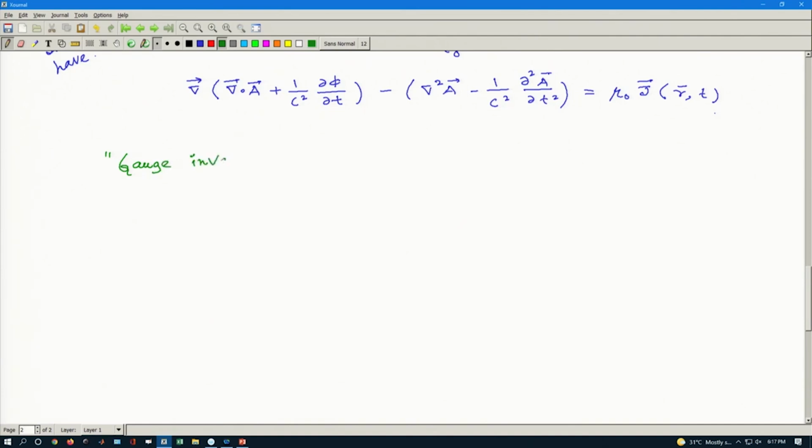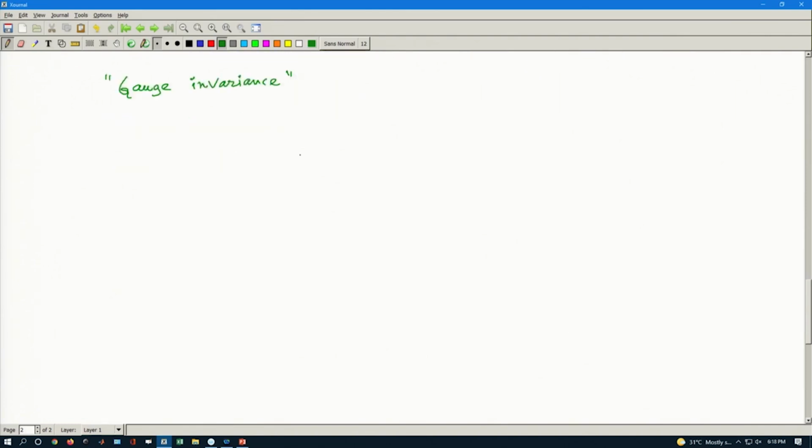So, we will exploit this once again. What do we mean by gauge invariance here? B is equal to curl of A, and we find that this A is not unique.